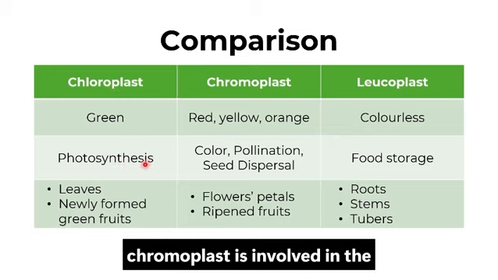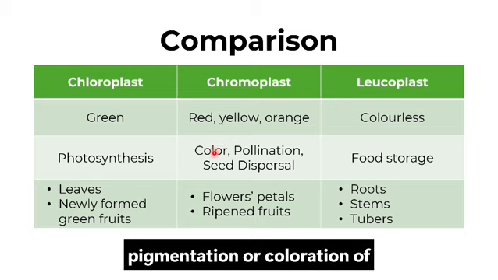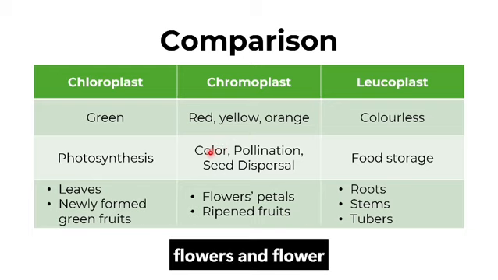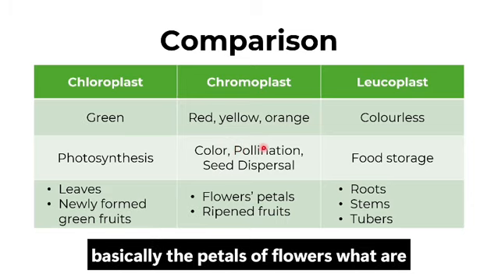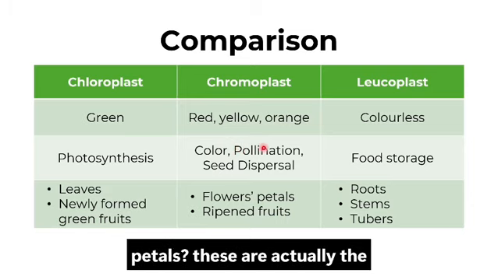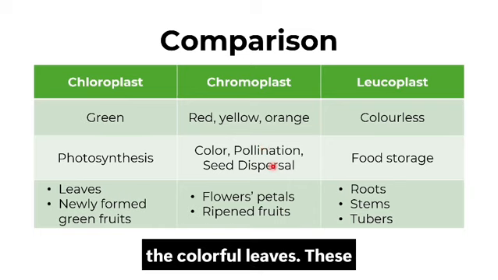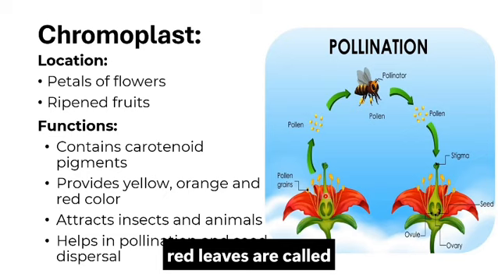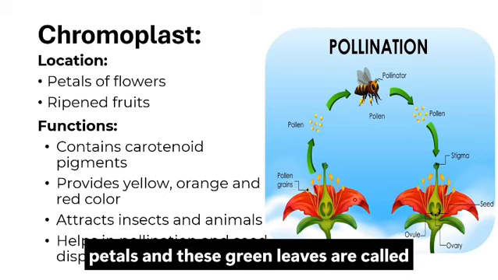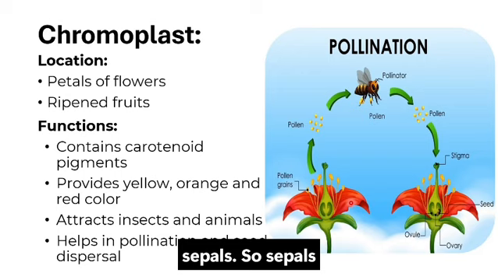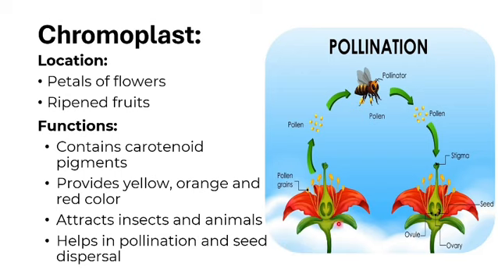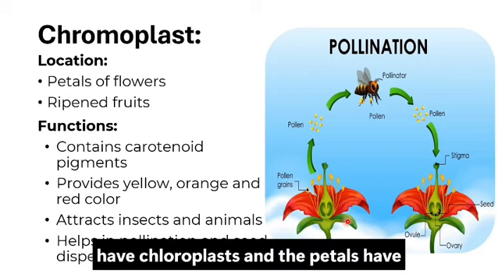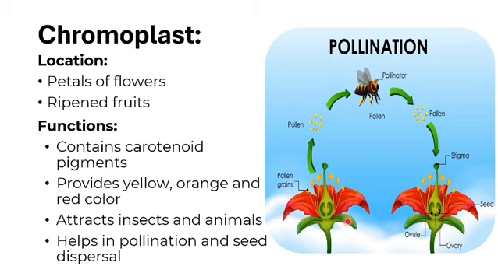Chromoplast is involved in the pigmentation or coloration of flowers, basically the petals of flowers. What are petals? These are actually the colorful leaves. These colorful leaves are called petals, and these green leaves are called sepals. So sepals have chloroplast, and the petals have chromoplast.